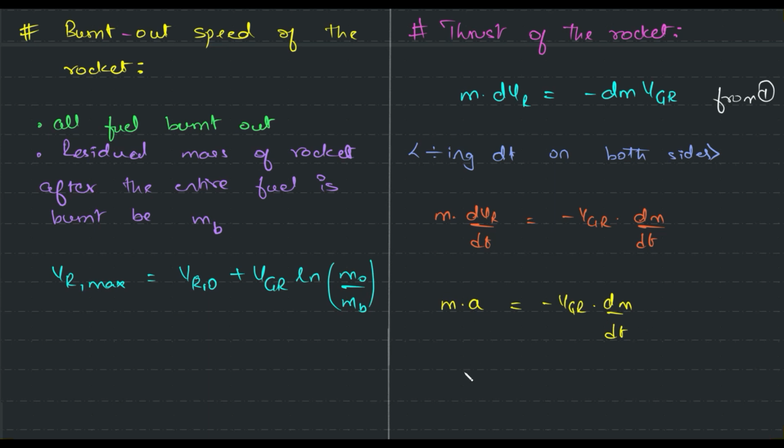But what is this? That's nothing but your force. So basically this is equal to, obviously it will be opposite of Vgr, this is dm by dt. So the rate at which you burn the fuel will give you the thrust. That is common sense. If you burn more fuel, you will get more thrust.